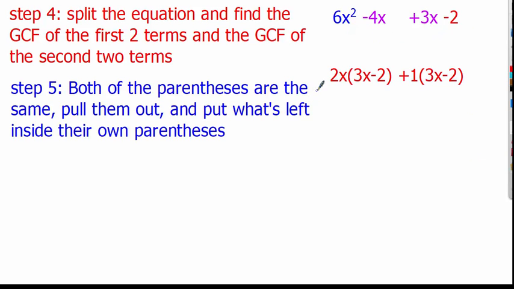That is going to give me the 2x goes on the outside, and when I divide this by the 2x, I get 3x. Divide this by 2x, and I get negative 2. These two don't change, and what I should notice is the 2 things that are in the parentheses are identical. That's a good thing. I'm going to pull them out.